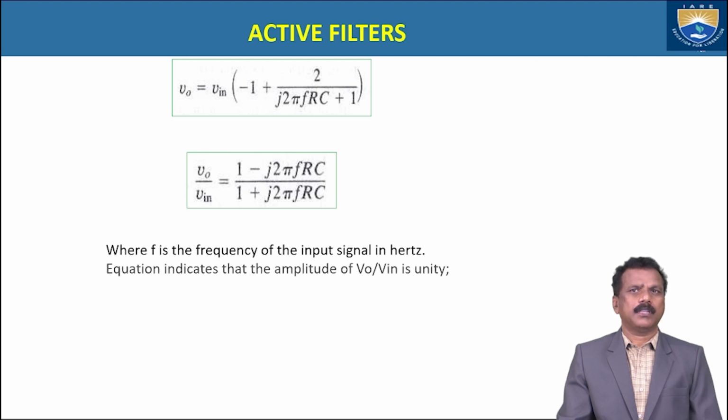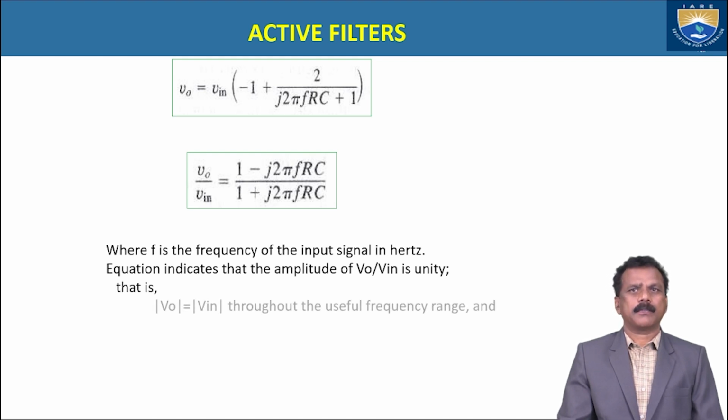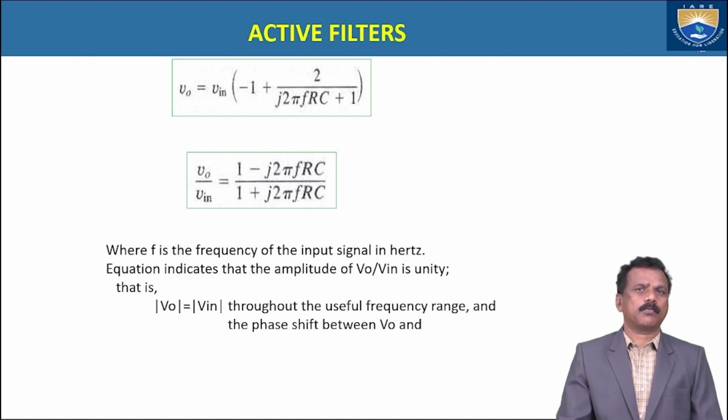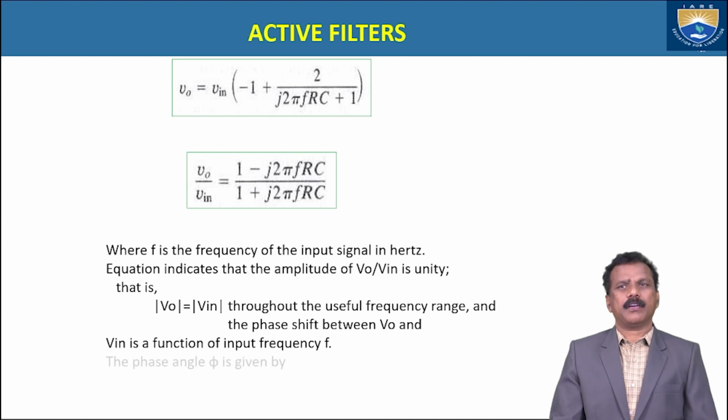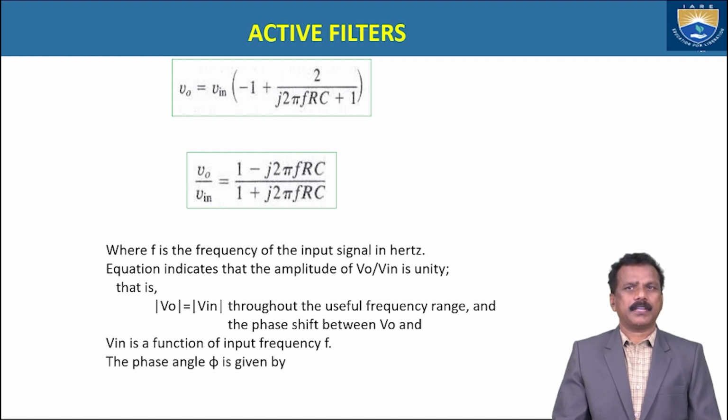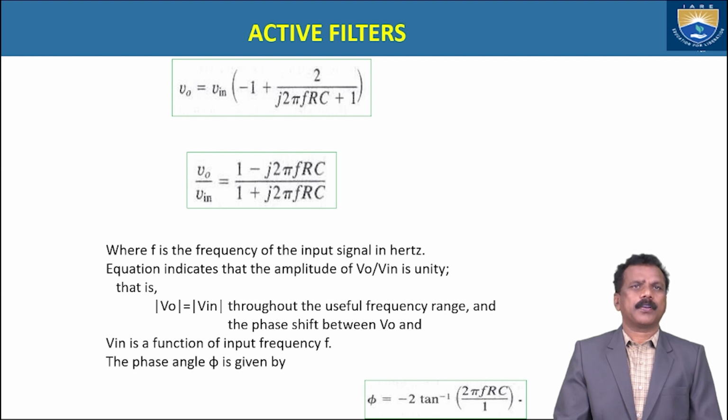This equation indicates that the amplitude of the output voltage by input voltage is unity. That is, the output voltage is equal to the input throughout the useful frequency range, and the phase shift between the output voltage and Vin is a function of the input frequency F. The phase angle phi is given by phi equal to minus 2 tan inverse of 2πF into RC.